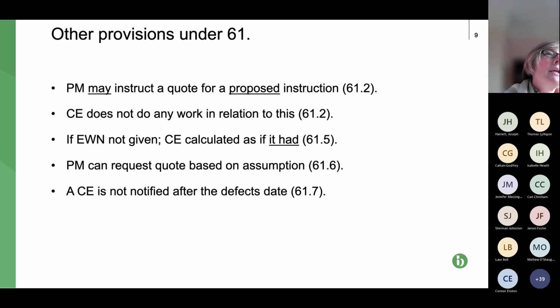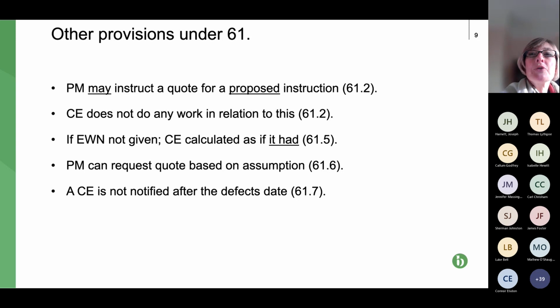So the issue then arises as to whether the contractor can quote based on assumptions. So the answer to that technically is under the NEC, no, that's not allowed. But if those assumptions are included in the quote and it's made clear that the price will increase if those assumptions manifest themselves, then that's a practical way of dealing with things.